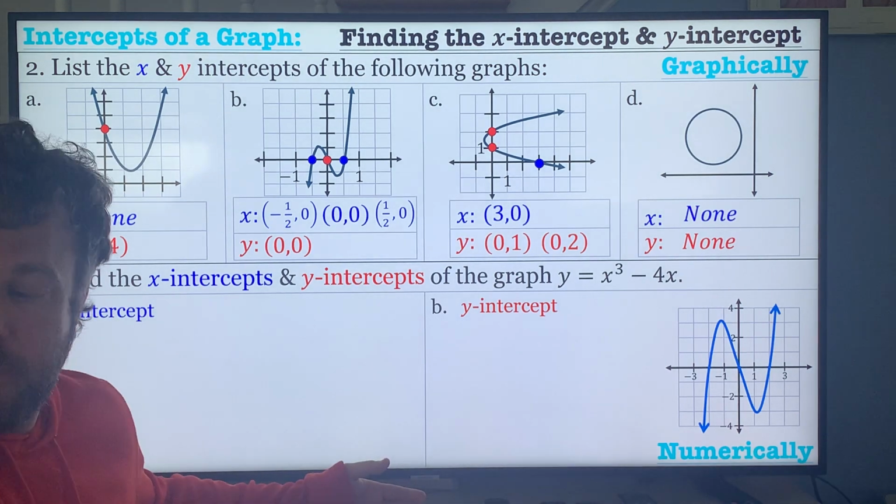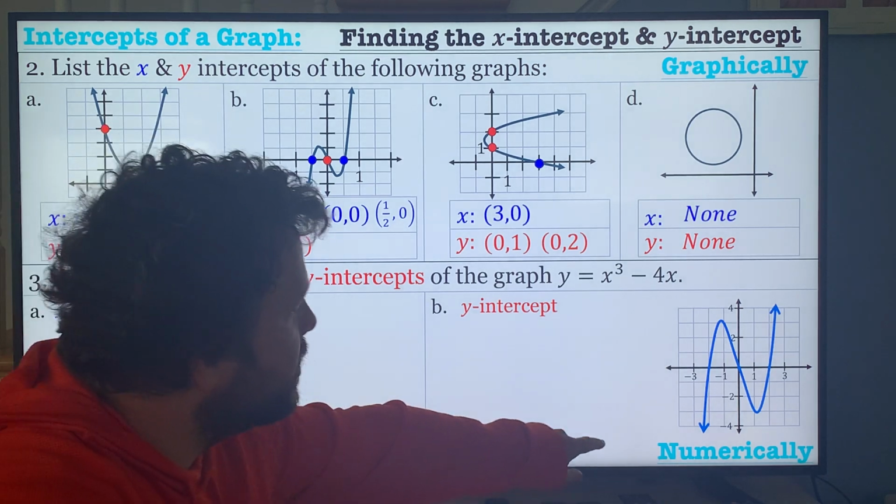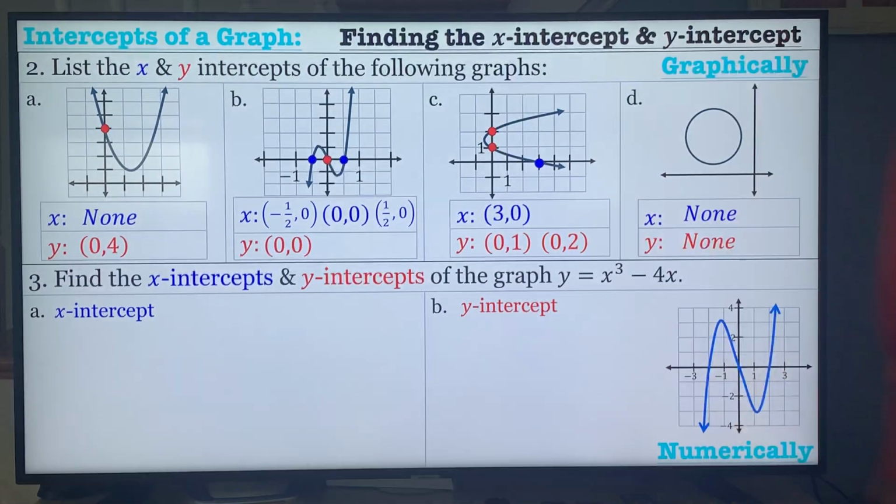All right, good. Find the x and the y-intercepts of this graph, but now we're going to do it numerically. The graph is just there to help you guys out in case you need to do it the other way.